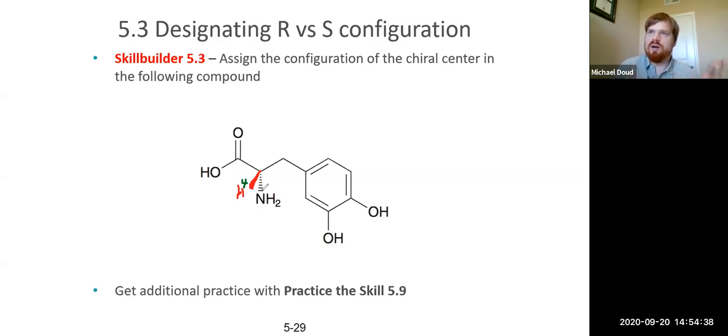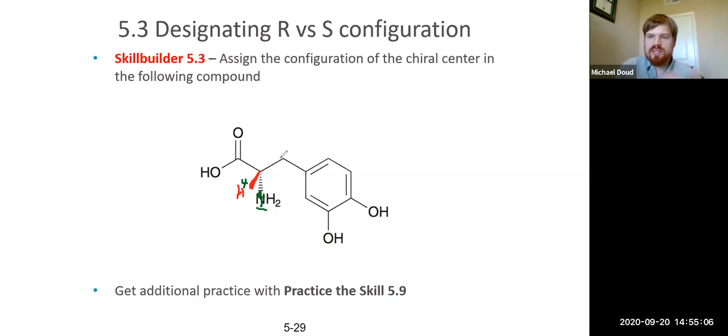Nitrogen has 1 more proton than carbon does. So that means that nitrogen is actually the winner. It's the number 1. This is where things get tricky, right? You may be tempted to assign 1 over here because of these oxygens, but you're evaluating it layer by layer. And these are both carbon, so that means that they're tied at the first layer. And this is a nitrogen, so that means this is number 1.